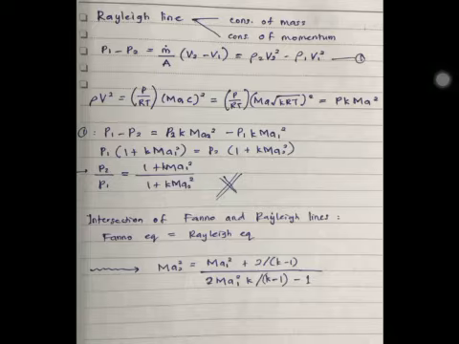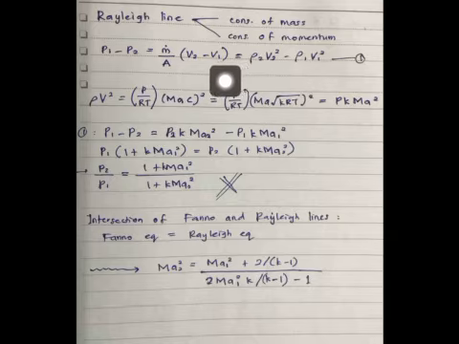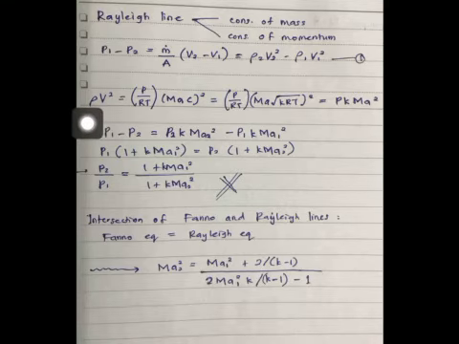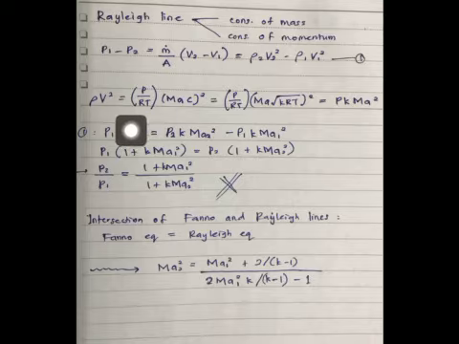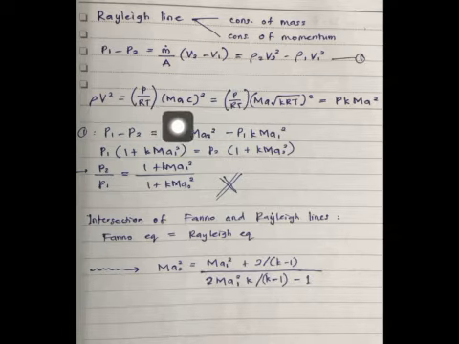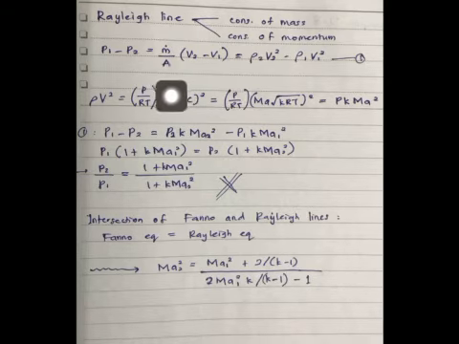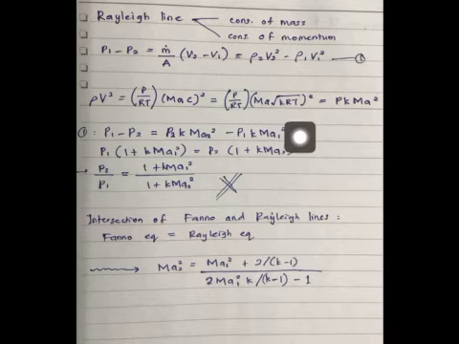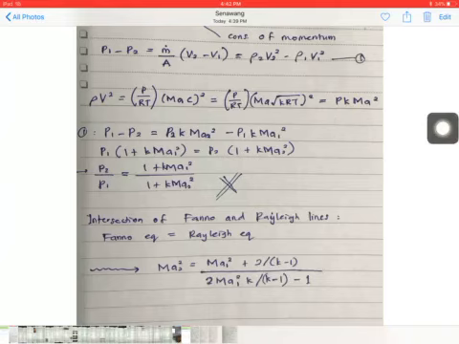So actually when we put the two formulas together, this is equal to 1, and when we consider the PV squared equation, we replace the rho and also we replace the V, where rho is equal to pressure over RT, and the velocity is in terms of Mach number times speed of sound, and we replace the speed of sound with square root of KRT, and finally we simplify.